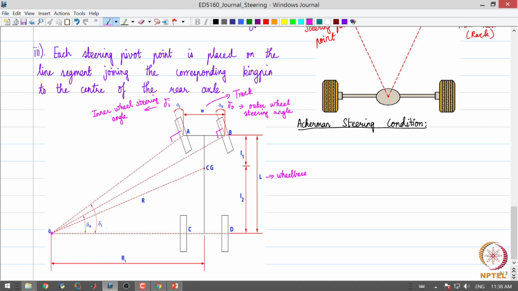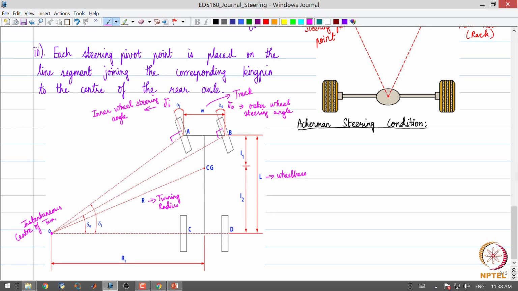Let us say that is O, which is the instantaneous center of turn. We draw a line segment from the instantaneous center of turn to the vehicle center of gravity and get the turning radius, denoted by capital R.